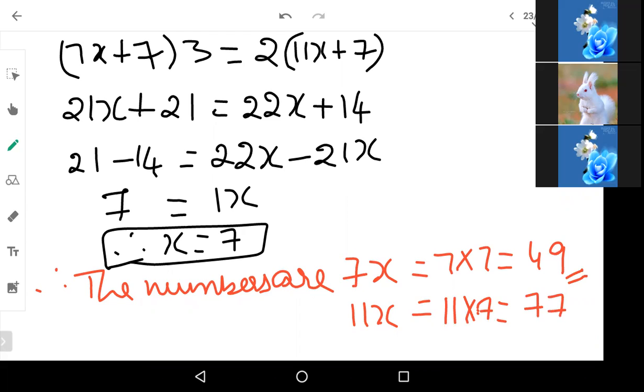So the numbers are 49 and 77. This is how you find the numbers whenever they have given you the ratio. Is it clear? Did you all understand? Can we go to the next problem?